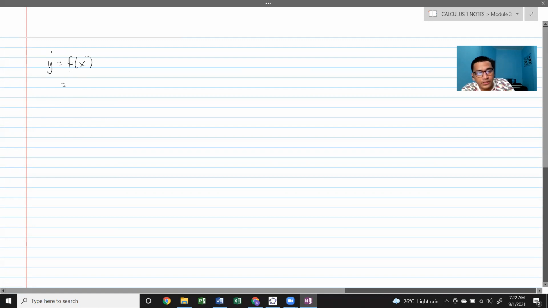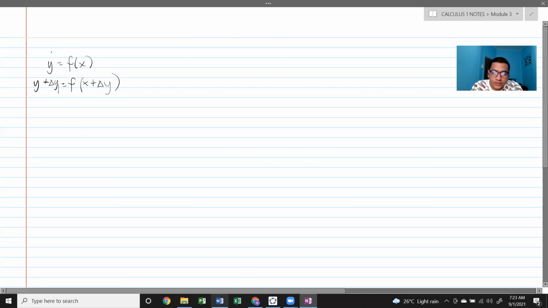So if we change x by delta x, our y must also change. And what is that change? We can say that our function y also changed by an increment of delta y.